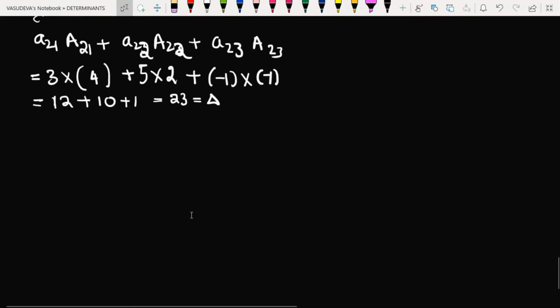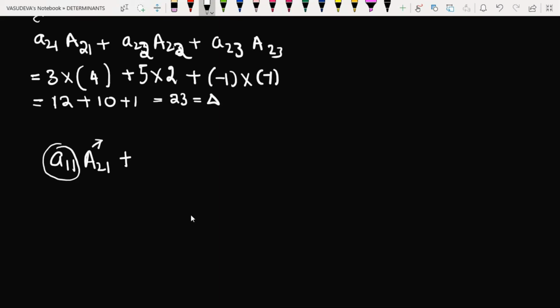Similarly, if we take the element A11, so I am taking A21. So this is the cofactor of the second row, plus this is an element of the first row. See, observe that this is the element of the first row, second one is the cofactor of the second row.